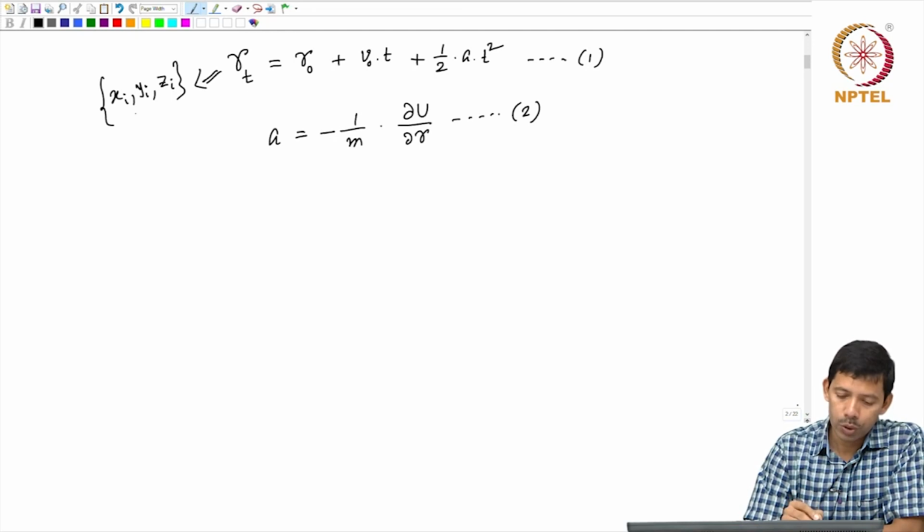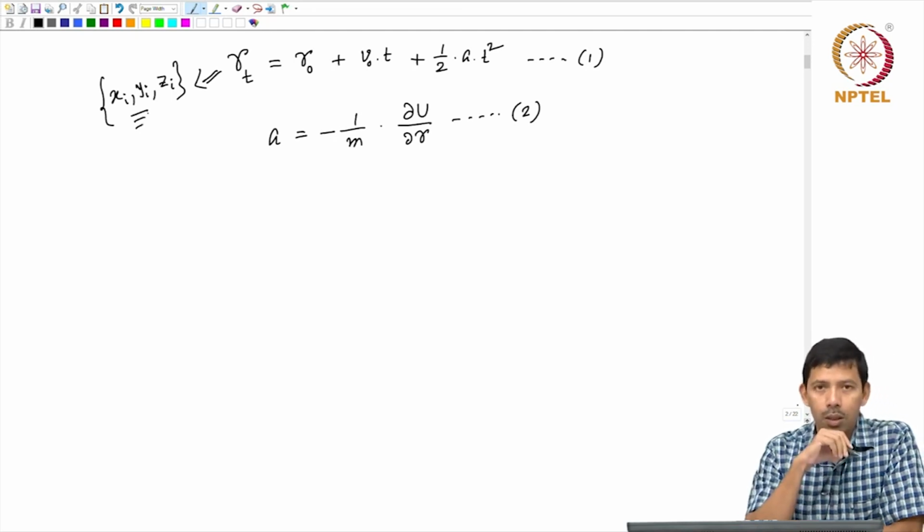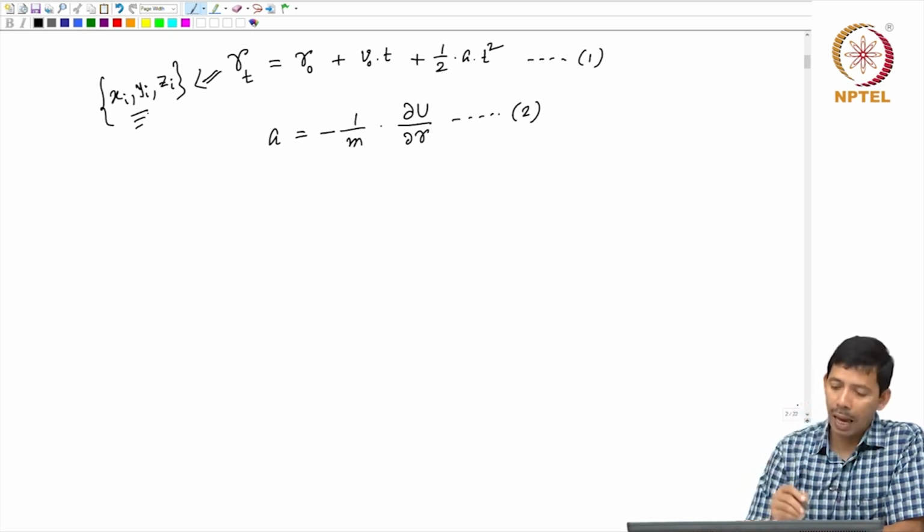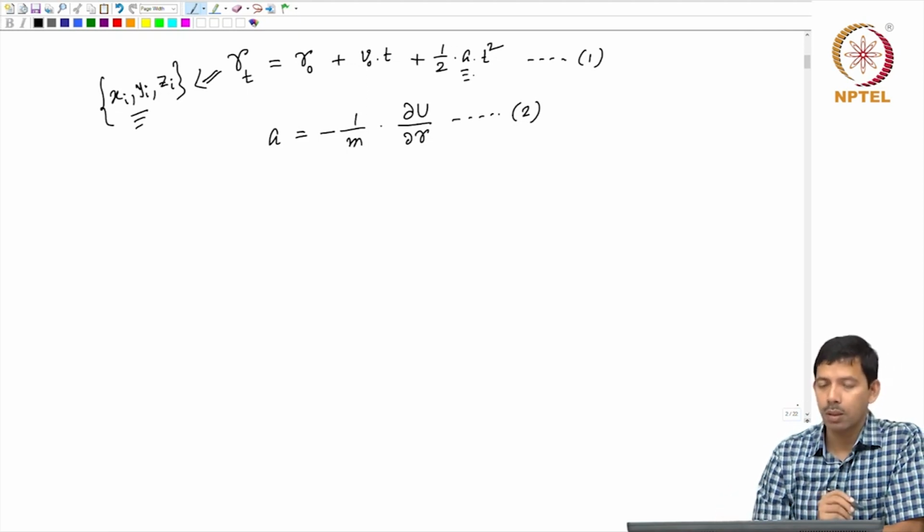So our ultimate goal is to get x, y, z coordinates for each ith particle, and for that we need to get the x, y, z components of A, and to get those components of A, you need to calculate force along the x, y, or z direction.